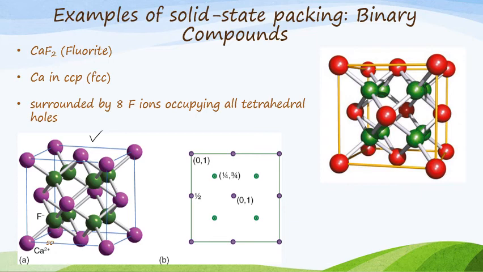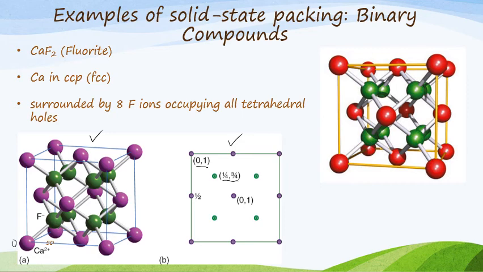Next to it in diagram B, this one here, is again a projection view showing you the positions of the atoms as well as their fractional coordinates. And this one I think is not too difficult to work out. They give you positions of the fluoride ions, so that'll be at 1/4 and 3/4. They give you positions of the calcium ions at 0 and 1, depending on where you choose the origin.